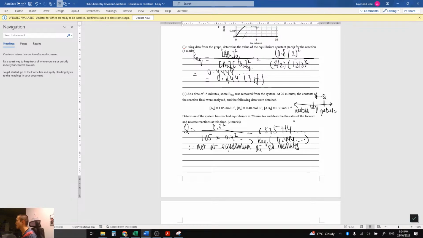So that means the reverse reaction is favored more so than the products. So we can comment that the rate of the reverse reaction is greater than the rate of the forward.